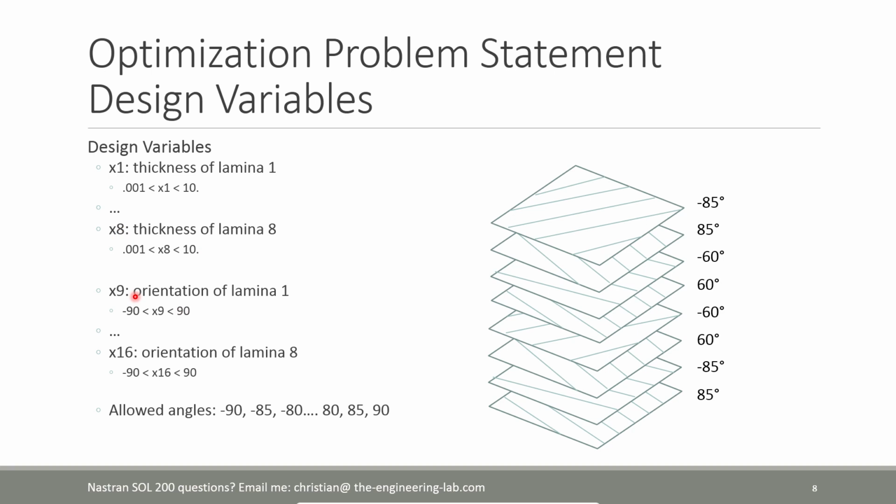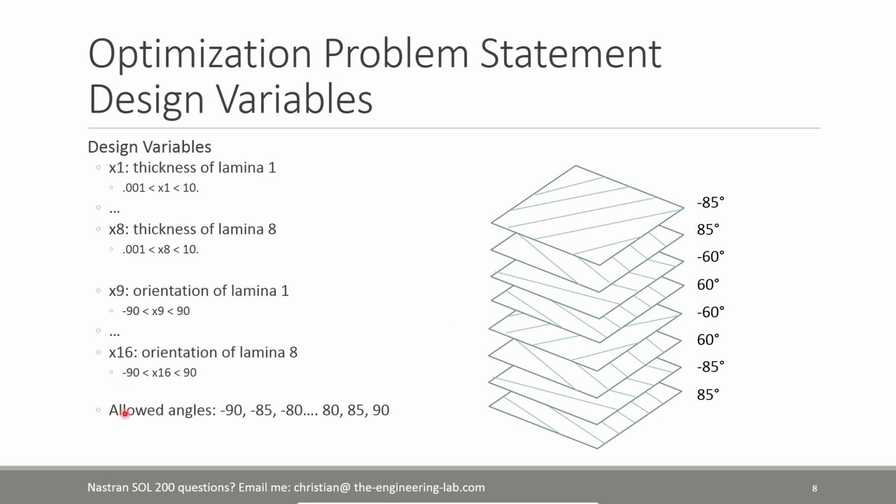We are also going to have design variables for the orientation angles of the plies. X9 will correspond to the orientation angle of the positive 85 degree ply, and we are going to let it vary from negative 90 degrees to positive 90 degrees. We are going to repeat this for each additional orientation angle.